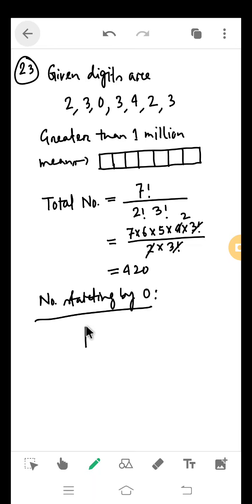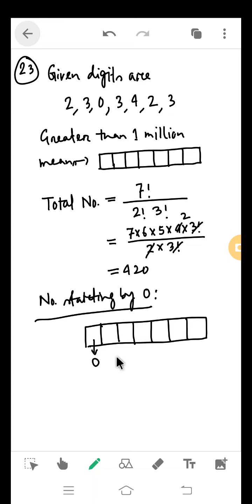If you start with 0 as the first digit, then the remaining places you have to fill up with the remaining digits. That means the remaining digits are a total of 6 digits except 0. By using them you fill up the 6 places, and these will be the numbers starting with 0.